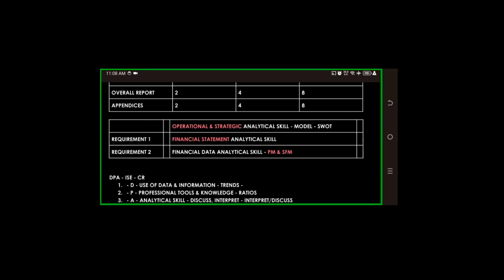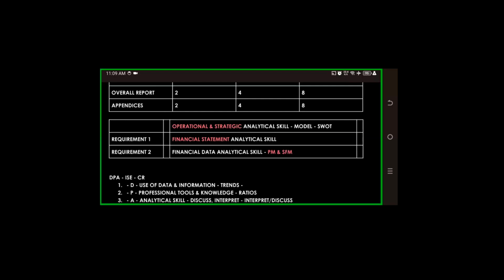The second analytical skill that the requirement can test is financial statement analysis. We have looked at how to compute ratios, interpret ratios, make comments, and we demonstrated how to write a report using the DFFP case.